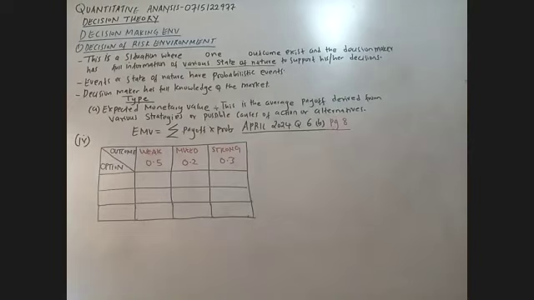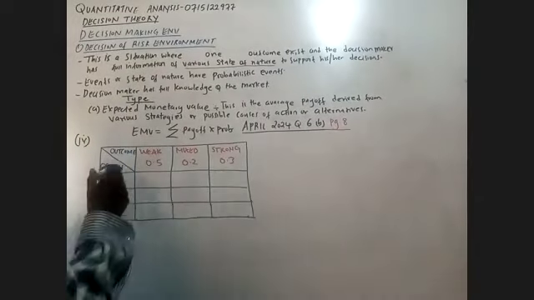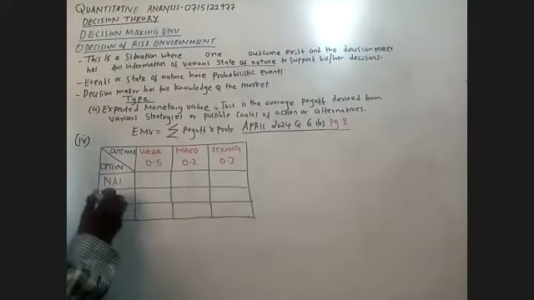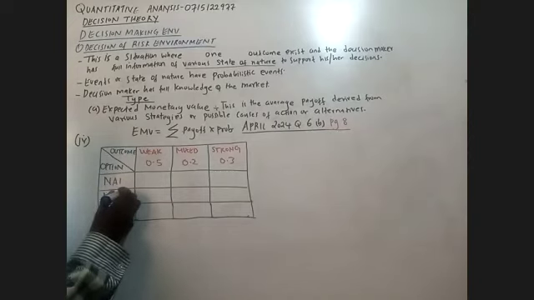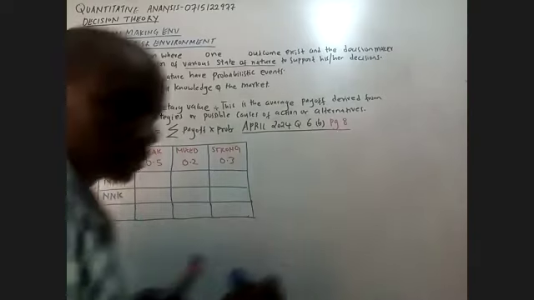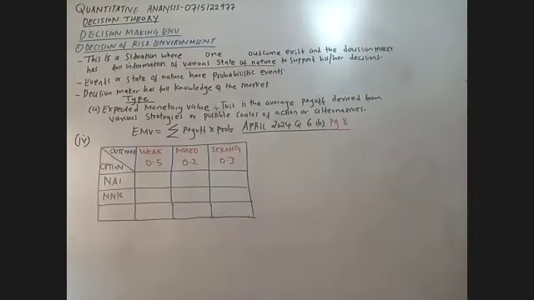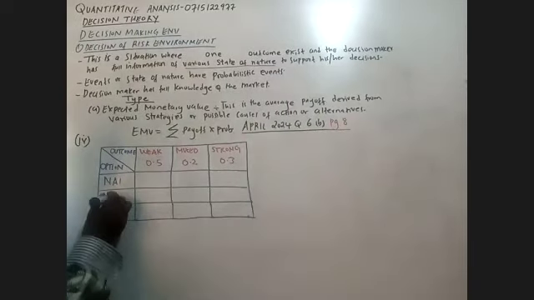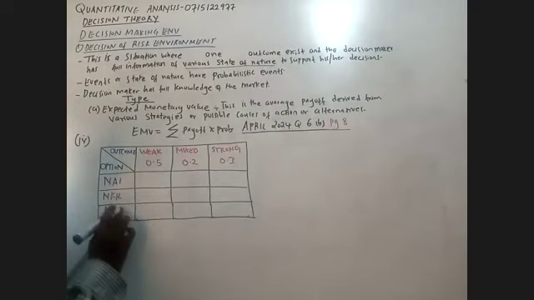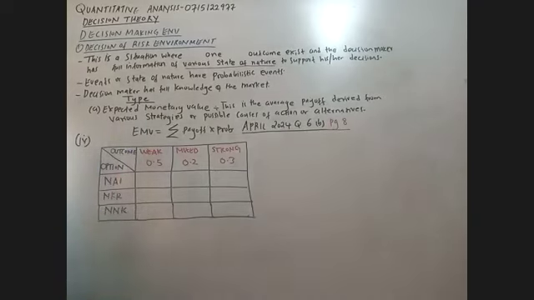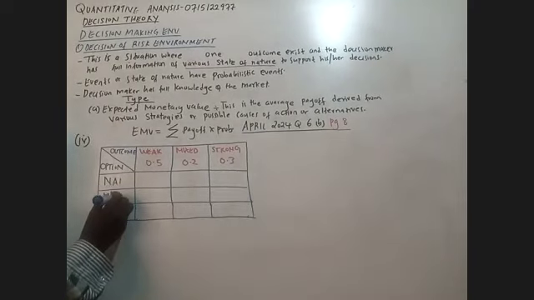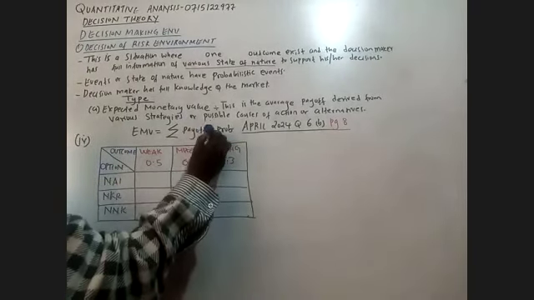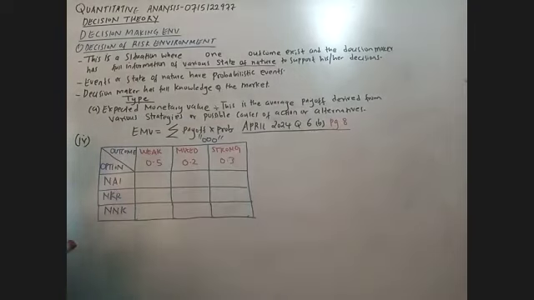Nairobi, Nakuru and Nanyuki. Now remember the payoffs are in 1,000. You need to know that.